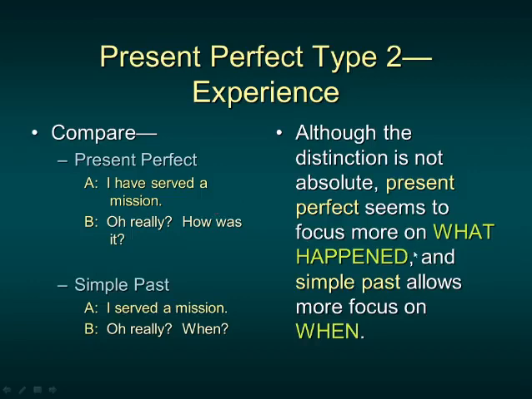And simple past allows more focus on when. This is the difference. In a simple way, we can define this. Simple past is always about when. It is always about time. And present perfect is always about how it happened or what happened. See? So this is about time. This is how.